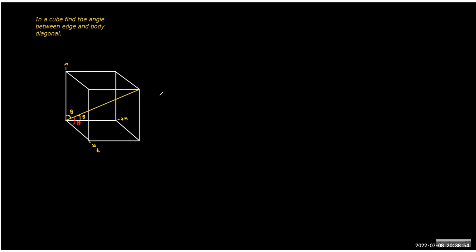Yeah. So is the answer cos inverse root 1/3? Correct. That's the right answer.